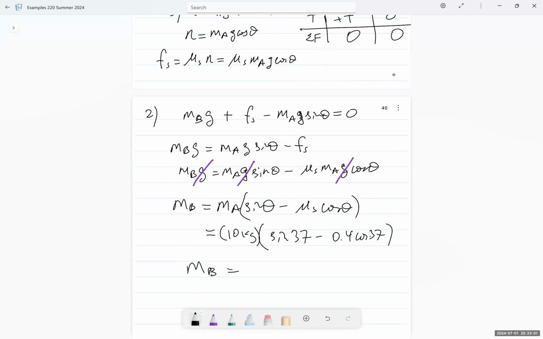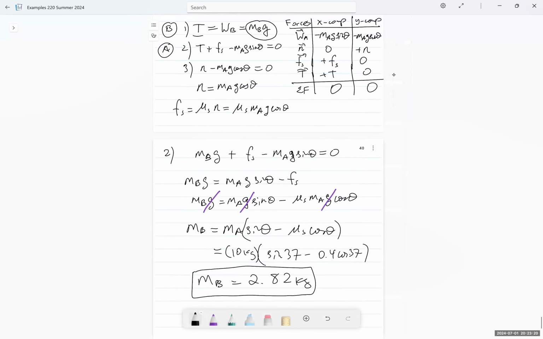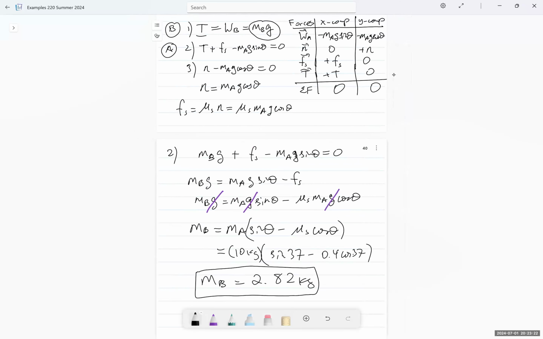So let's calculate that. I got 2.82 kilograms.